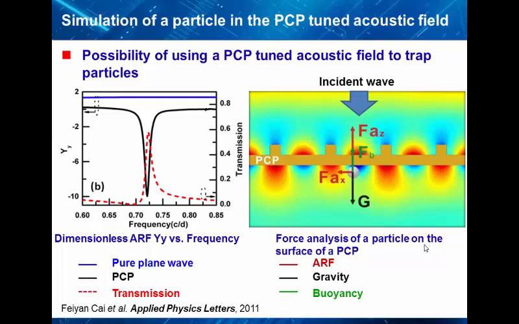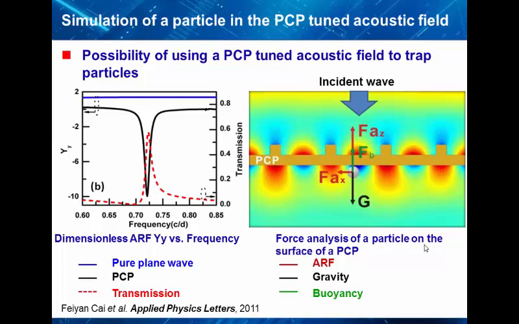It means that the direction of the force is the same as the direction of the wave propagation. But the phononic crystal plate, shown in black lines, had a negative acoustic radiation force at a certain frequency, which corresponds to the transmission peak at the resonance frequency of the plate.